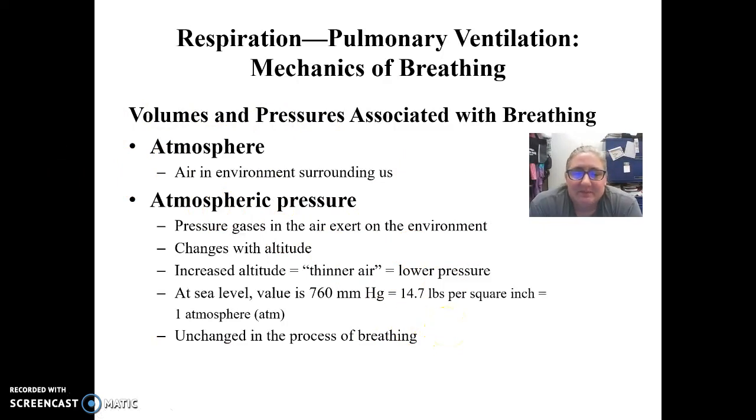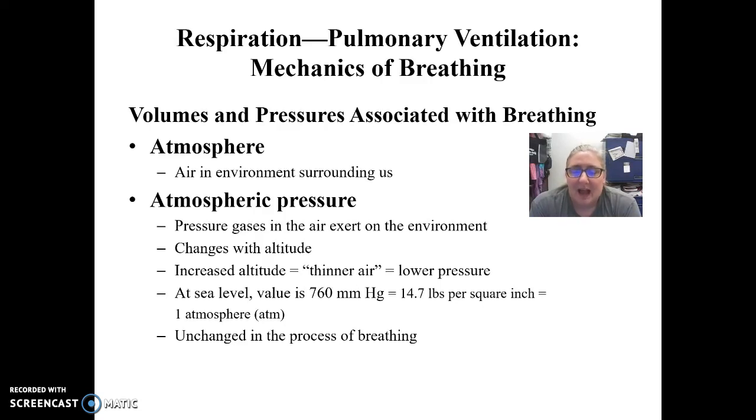So atmospheric pressure, I just told you, was about 760 millimeters of mercury, and this is at sea level. Where we live, we're at sea level. Atmospheric pressure doesn't really change unless we change in altitude.